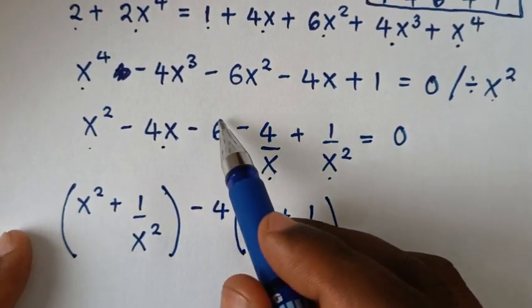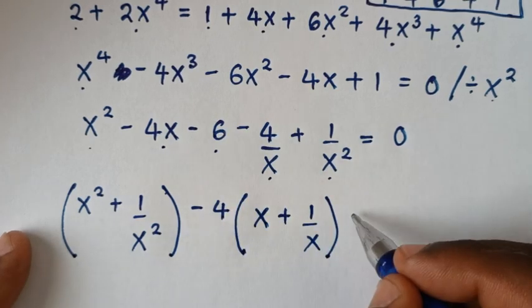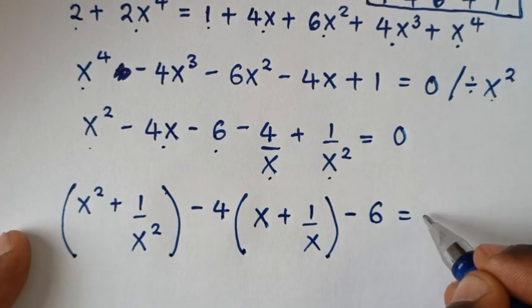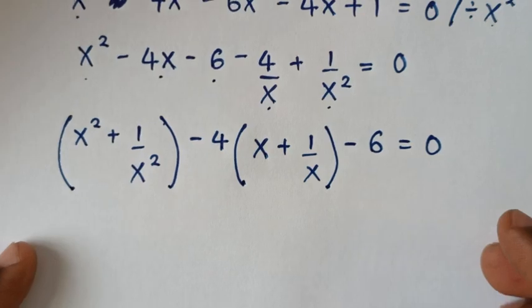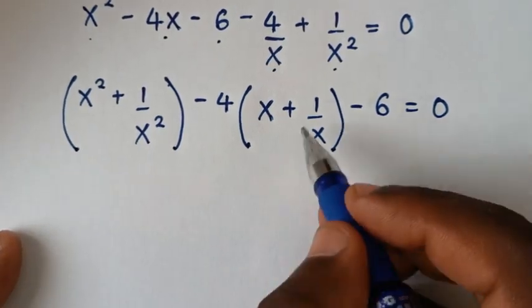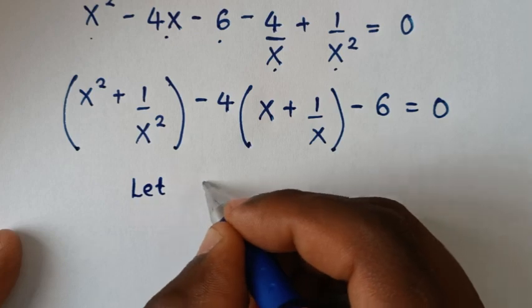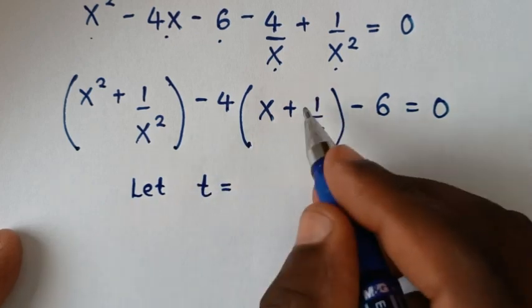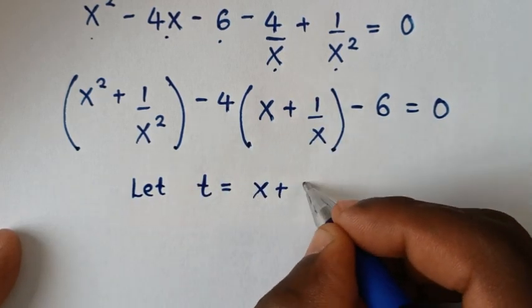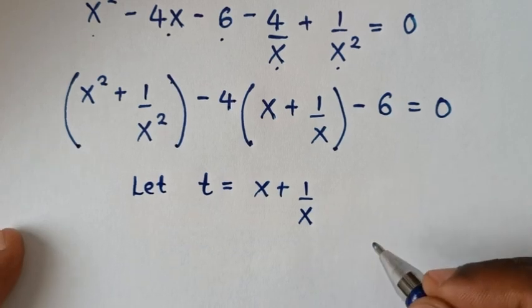Then here we are left with minus 6, so minus 6 is equal to 0. Then in the next step, from here, we let t be equal to x plus 1 over x.